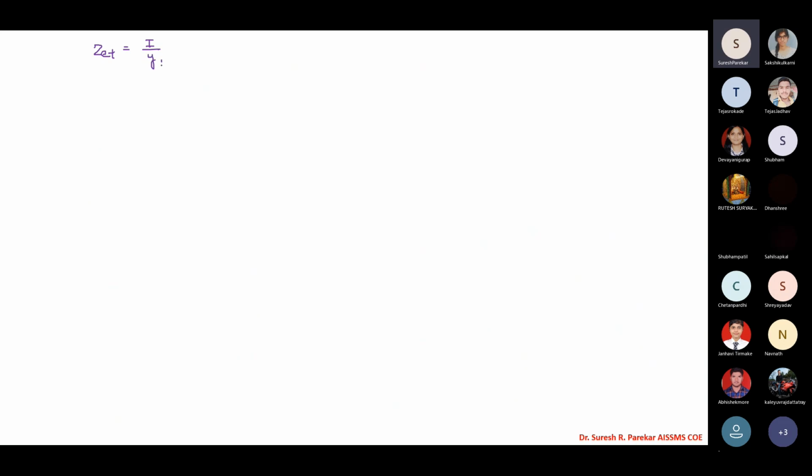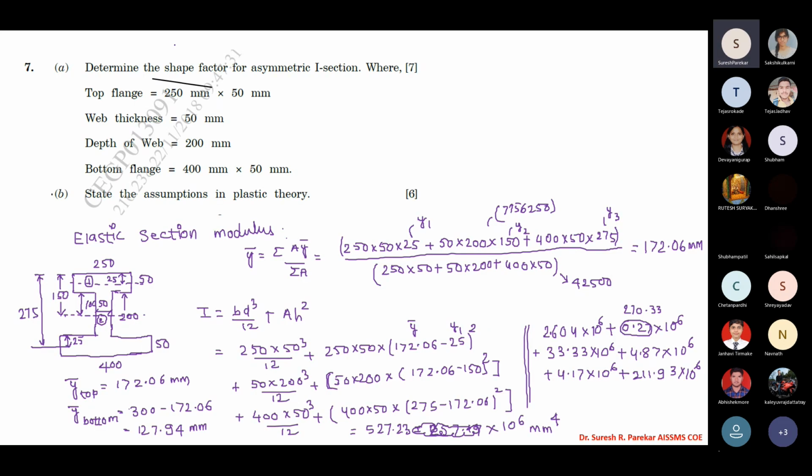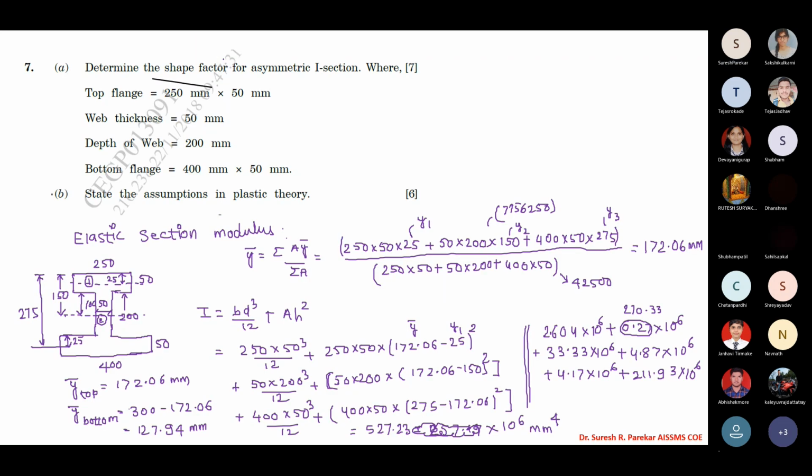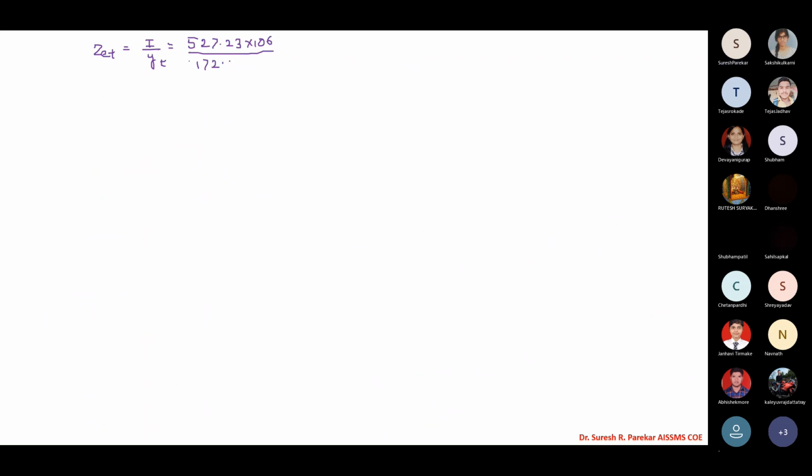I by Y top. I we have 527.23 into 10 raised to 6 and Y top we have 172.06 and we will get this value 3.06 into 10 raised to 6. Is it correct?